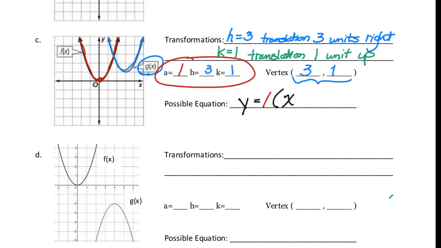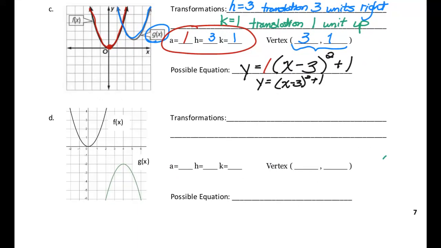Opposite, so I need to write minus 3 or negative 3. It is the opposite. All of that is to the second power for a parabola, and my k value is plus 1. If I wanted to simplify it, y equals x minus 3 squared plus 1.